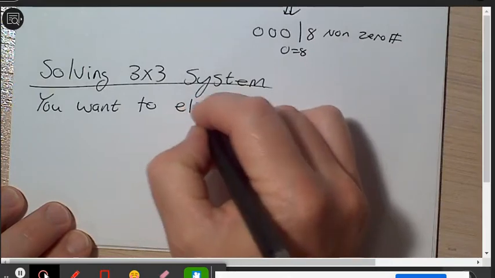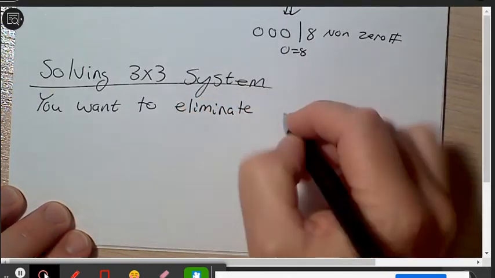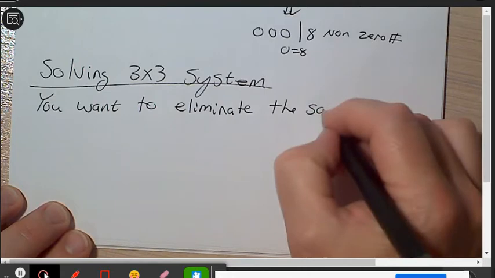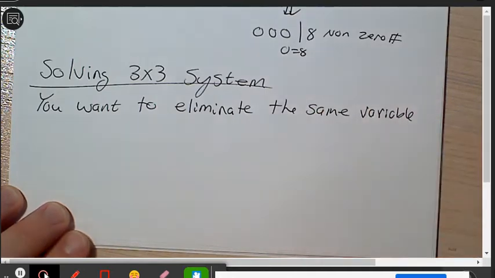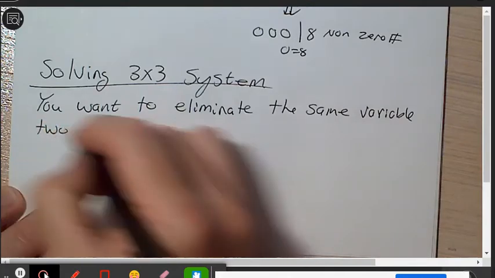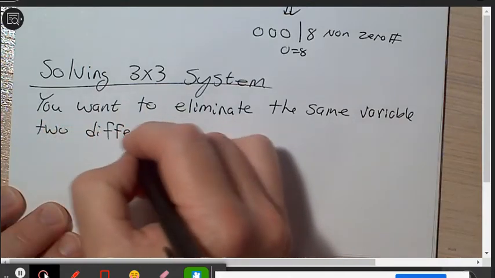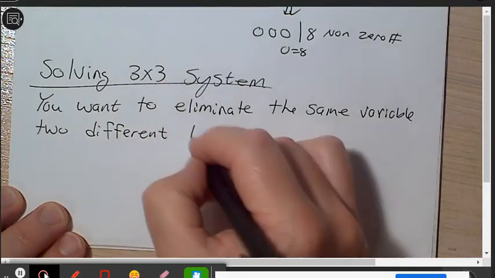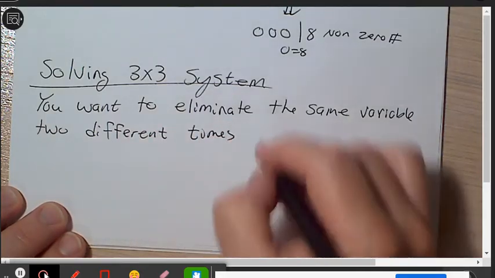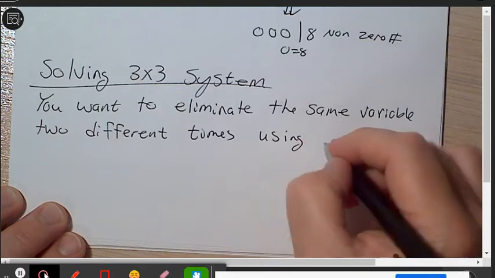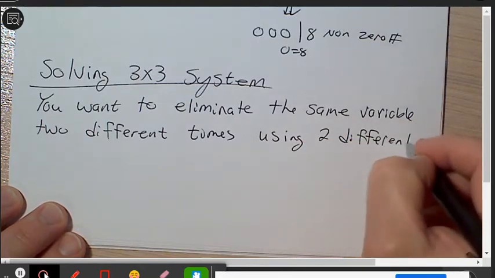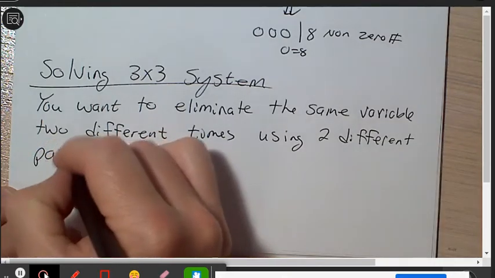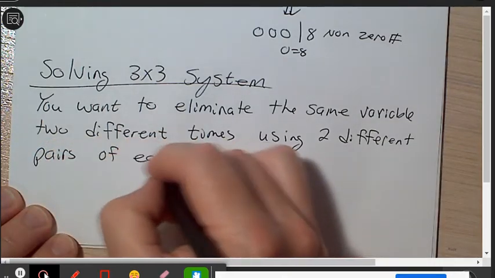You want to eliminate the same variable two different times using two different pairs of equations.